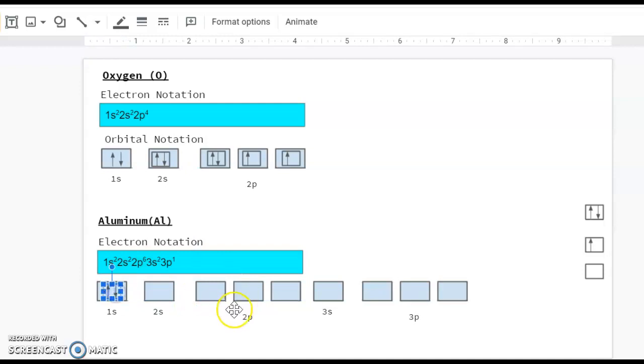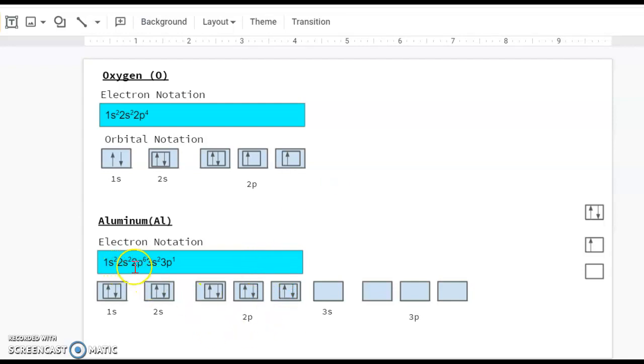So here we have 1s2. Then 2s2 comes next. Then we have 2p6. Remember for this one, you have to add 1 and then go back and add the second. So here's 2p1, 2p2, 2p3, 2p4, 5, and 6.